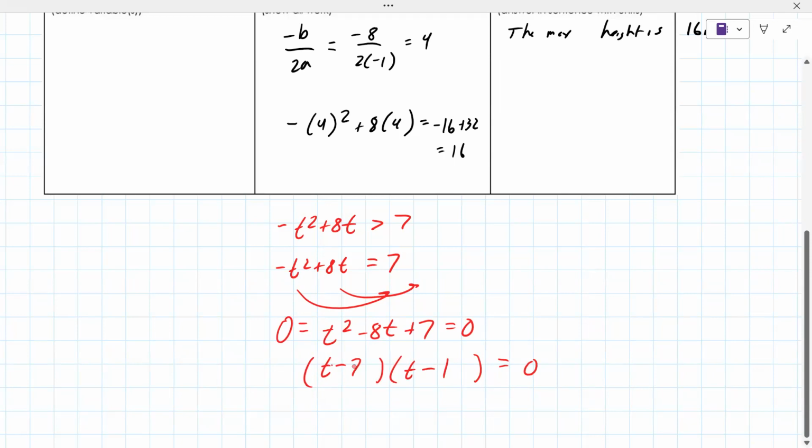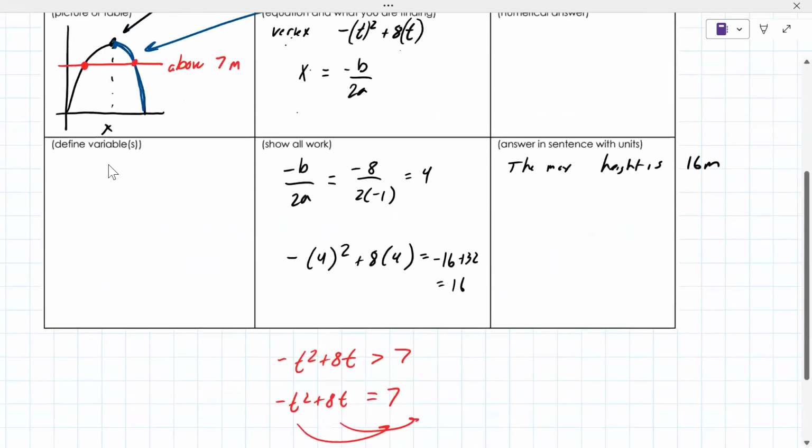So if you were to solve them, it would be t equals 7 and t equals 1. So those are the two t values, t equals 7 and t equals 1.